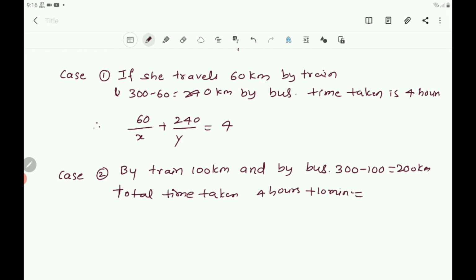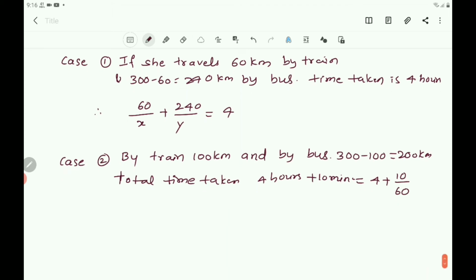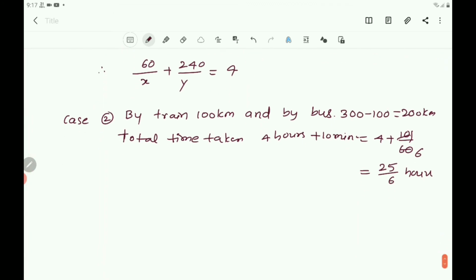That becomes 4 plus 10 minutes. 60 minutes means 1 hour, so convert that into hours. That becomes 10 by 60, which is 1 by 6. 6 fours are 24, plus 1, that is 25 by 6 hours.